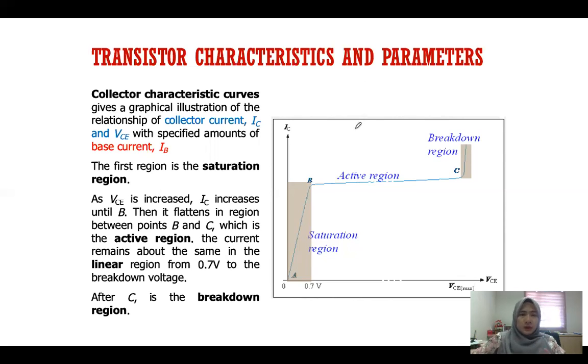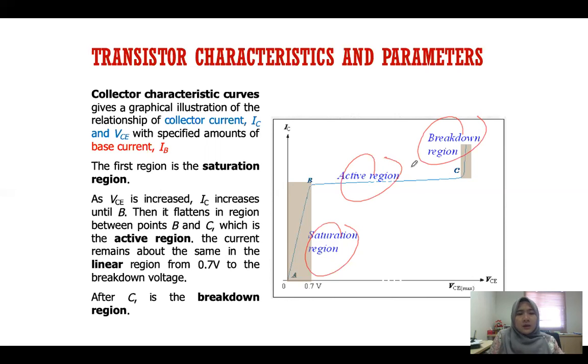You have three regions. The first region is the saturation region. In the middle, we have the active region. The third one is the breakdown region, similar to a diode.